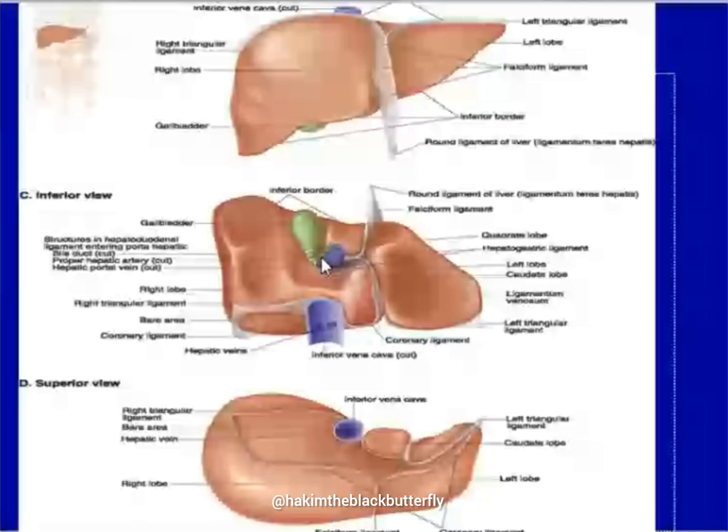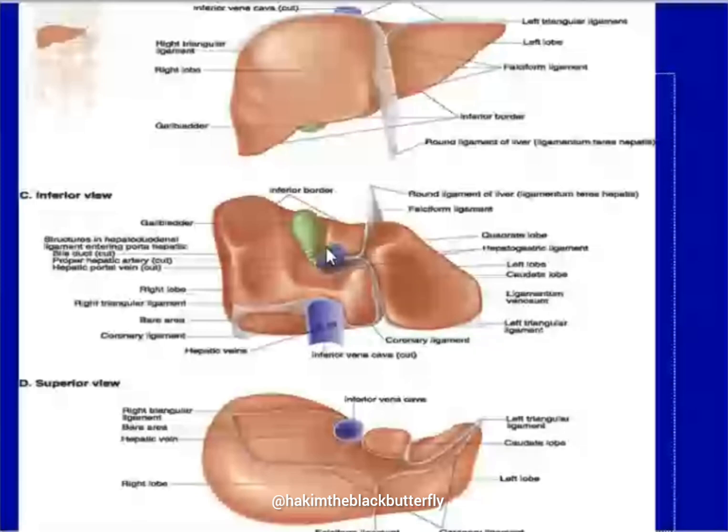This porta hepatis is the point of entrance of the portal vein, which is colored blue, of the hepatic artery, which is colored red, and the exit of the bile ducts, which are colored green.